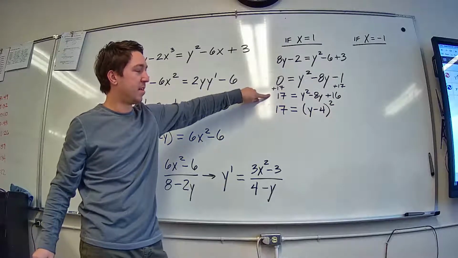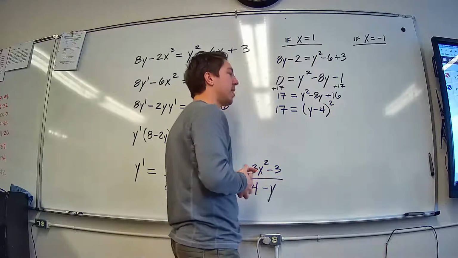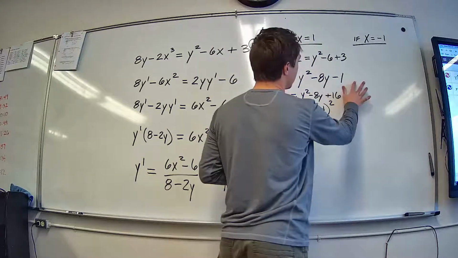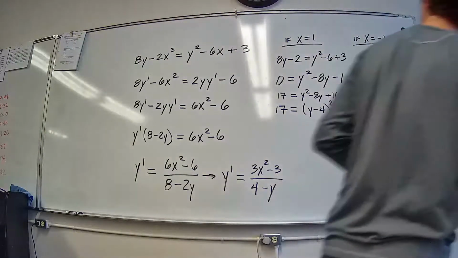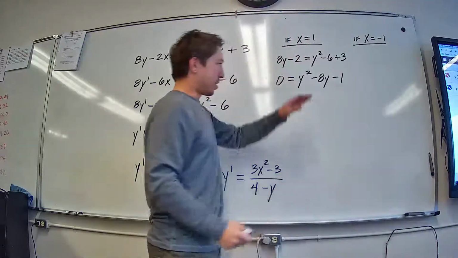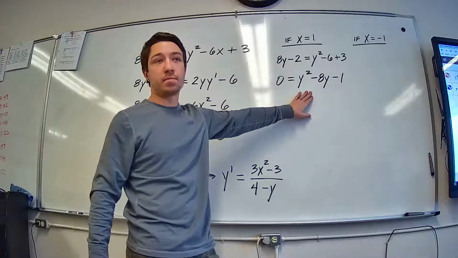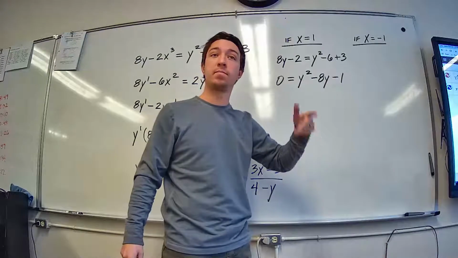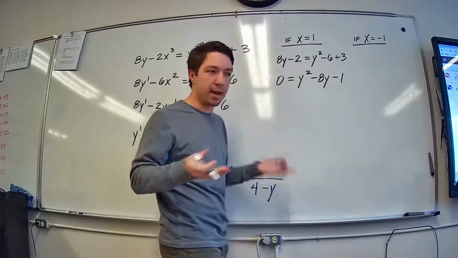Where do you get the 17 from again? Did you just randomly want that there? Not random. I'll explain it again. Let's backtrack. This guy right here is pretty close to being a perfect square. If this number here was a positive 16, it would be a perfect square. How did I come up with 16?